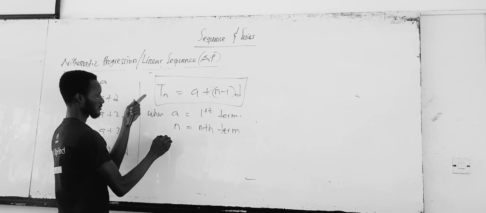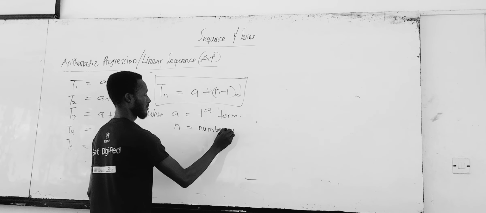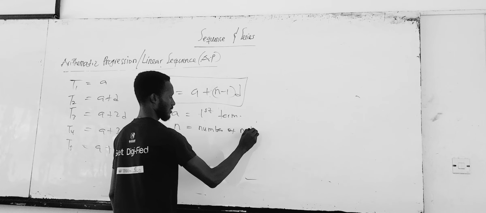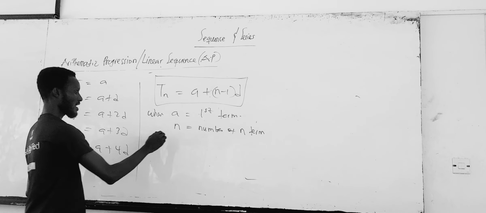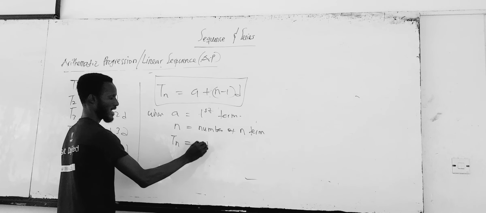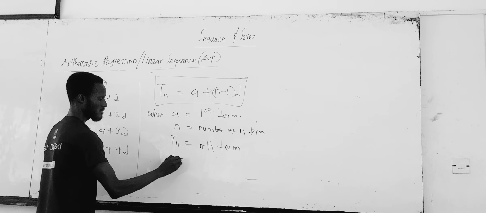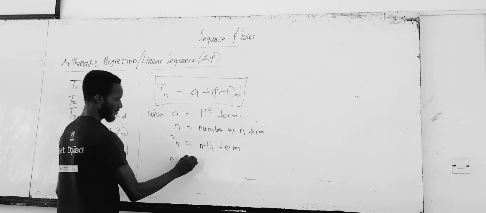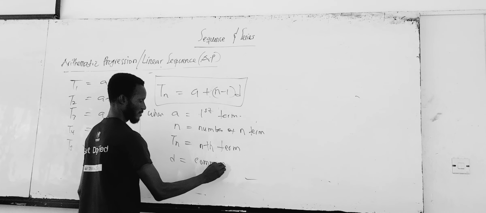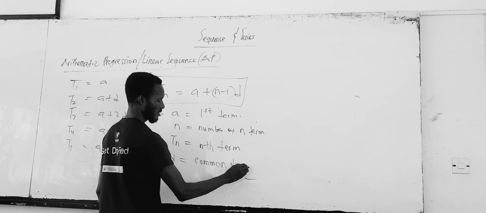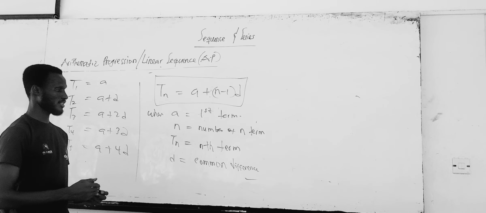It is the number of terms, and this one will give us the nth term. Don't forget. Now let me come to the D. The D is the constant difference or the common difference.